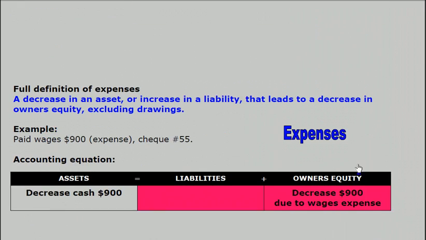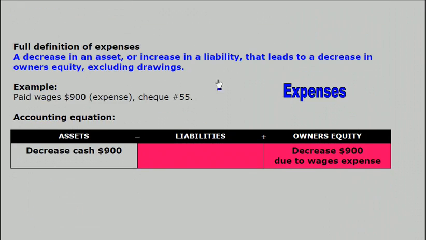Here is a more comprehensive definition of expenses. A decrease in an asset or an increase in a liability that leads to a decrease in owner's equity, excluding drawings. Let's look at the same example as before. Paid wages $900. That would lead to a decrease in the cash asset, $900.